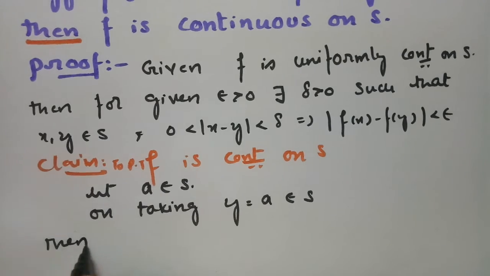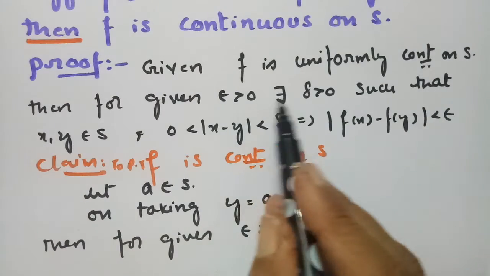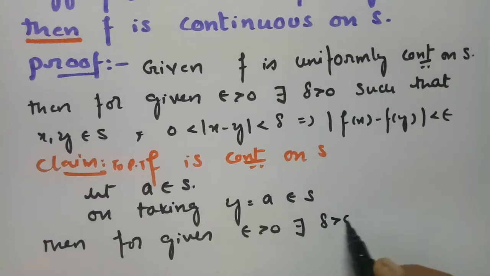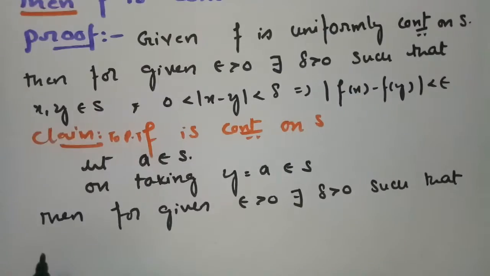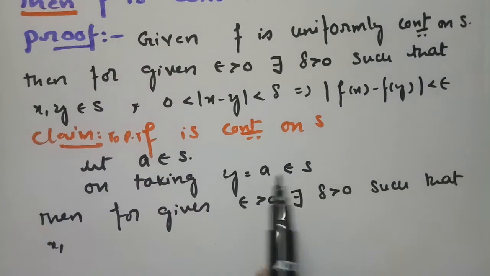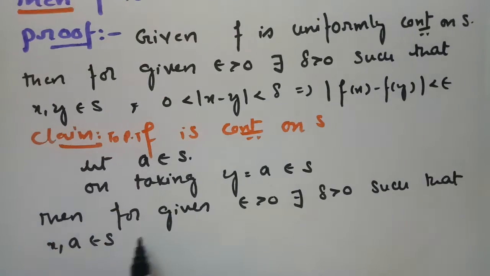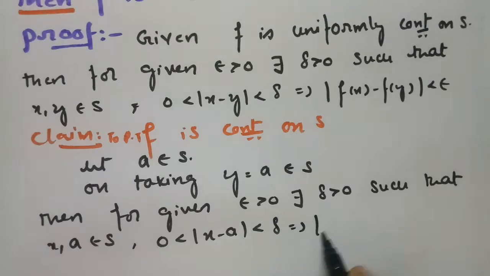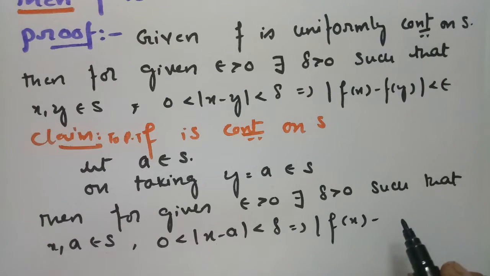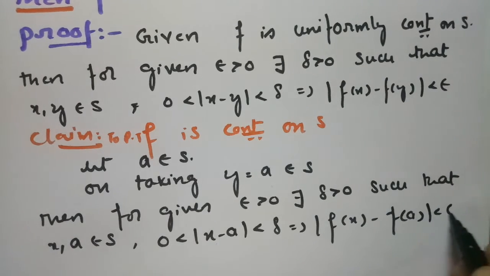Then the same statement I am writing. For given epsilon positive, there exists a delta positive such that, with y equal to a in place of y, 0 less than modulus of x minus a less than delta implies modulus of f of x minus f of a less than epsilon.